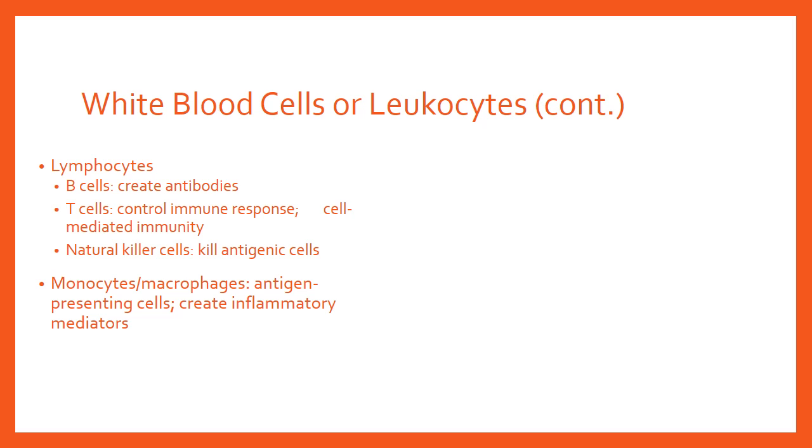B lymphocytes are antibody producing cells, as I said, and they are involved in humoral mediated immunity. The second type of cell, as we said, is T lymphocytes, and they will create cell-mediated immunity.